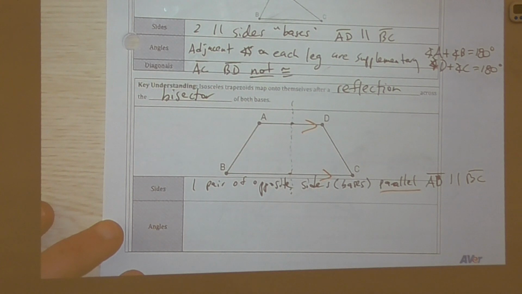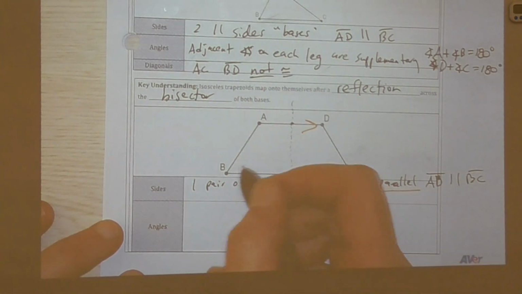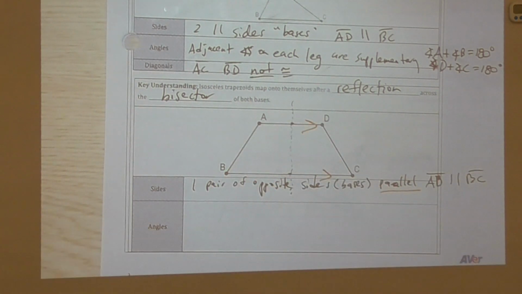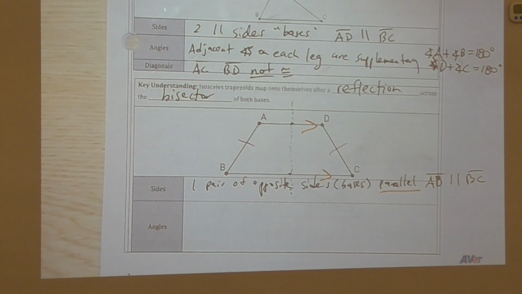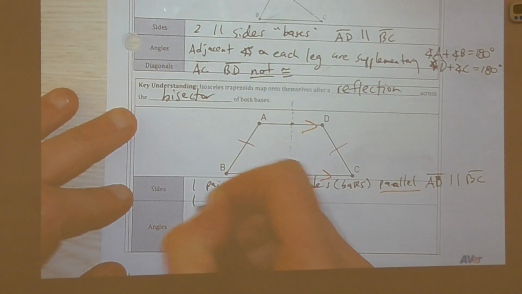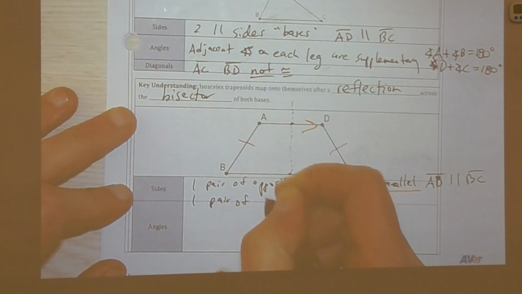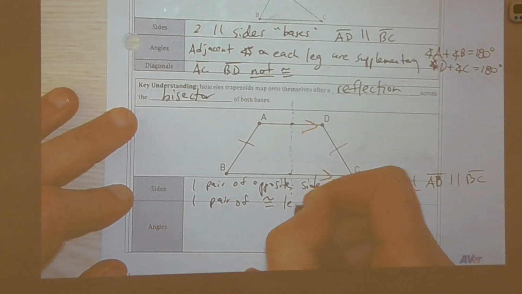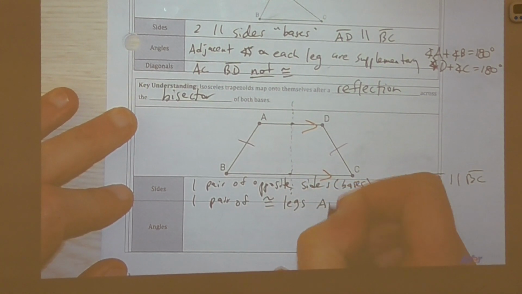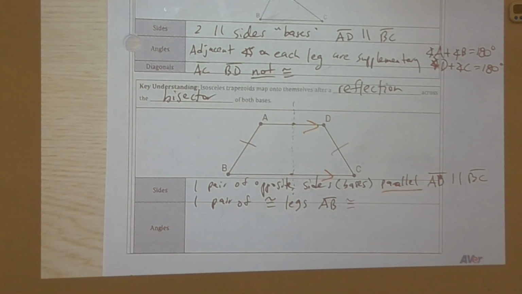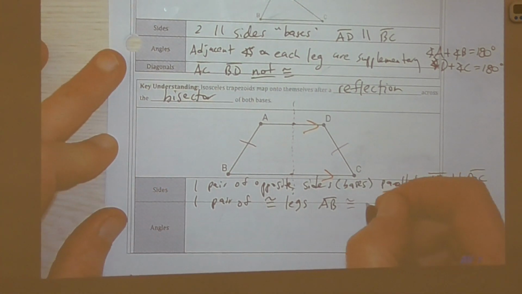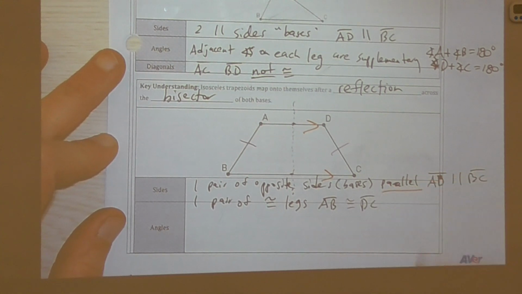And then we also get, because we're isosceles, we get sides that are congruent to each other, the legs. So we have one pair of congruent legs. This is AB, is congruent to DC.